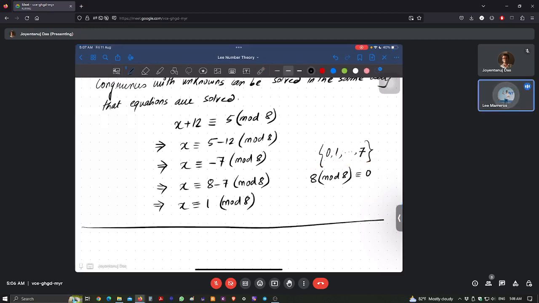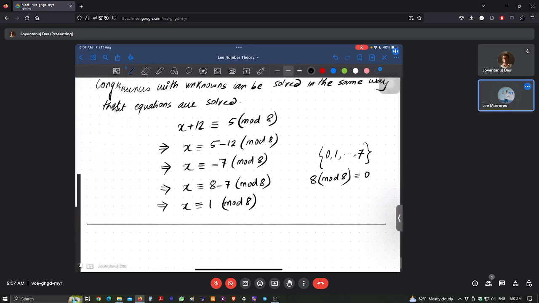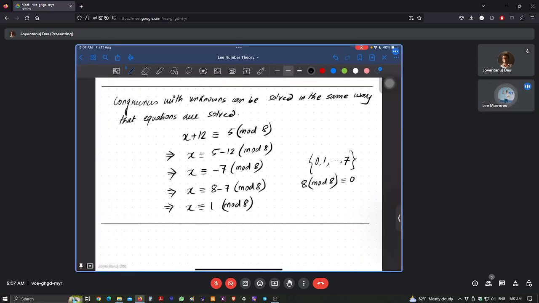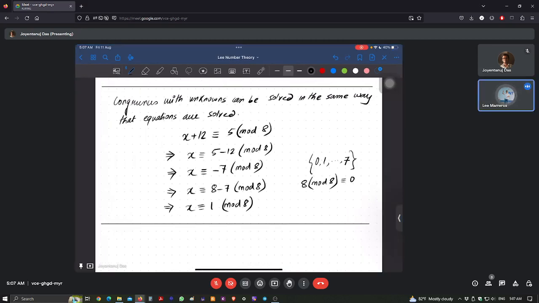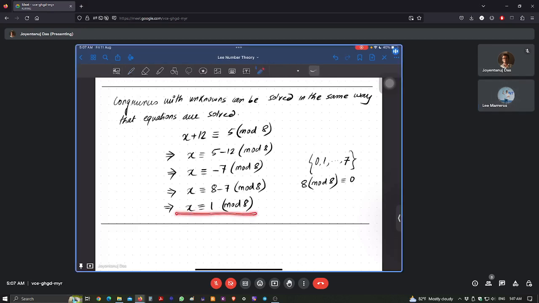So sorry, what's the solution for that? The very last one. 1 mod 8. 1 mod 8 would be 1, right? No, 1 mod 8 is not 1. This is the solution: x is 1 mod 8, because 1 mod 8 is a class. It is not a single integer. Any number of the form 8k plus 1 is 1 mod 8.